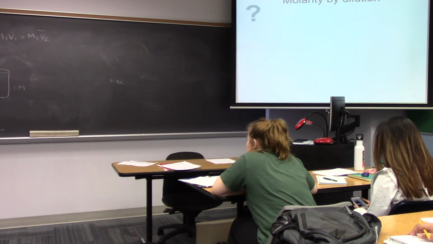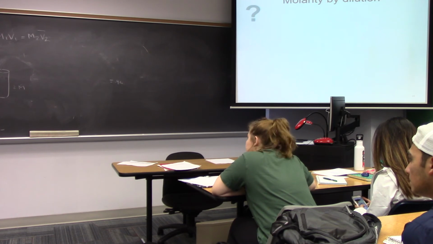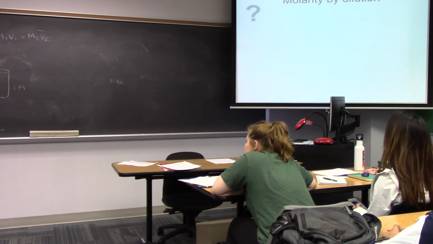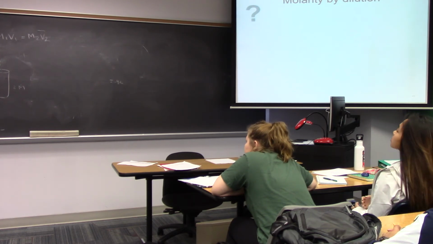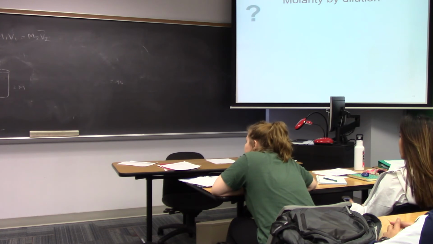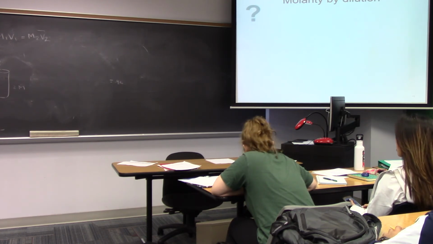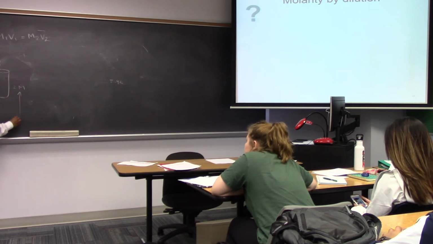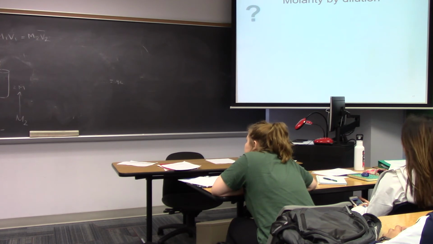So this is bottle 1, bottle 2. This volume is the initial volume, since bottle 1, volume 1. This is M1, the first initial concentration. This is the concentration of bottle 2.